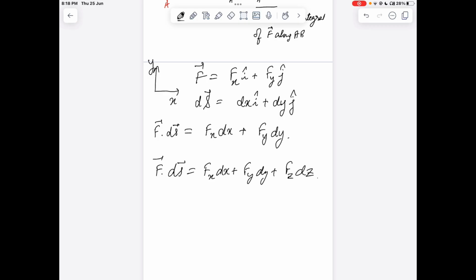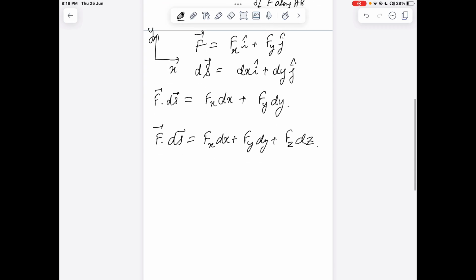Now it's important to know that. So this would be our general definition of work. So what this tells us is that this is actually work done in three different directions, x, y, and z. So you can sort of say work x, work y, and work z. It would be the net work done.